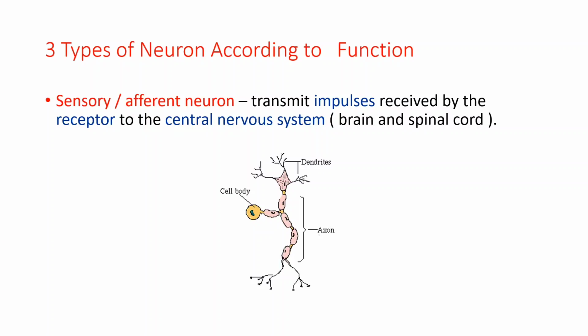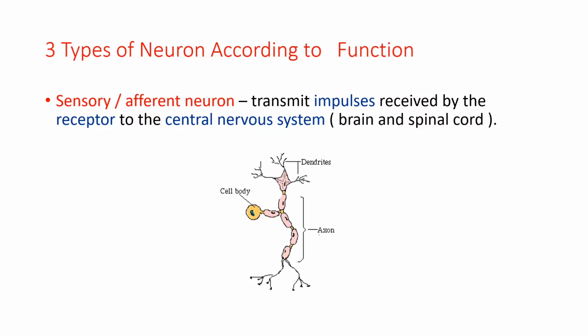Pag sinabi nating receptor, ito yung part ng body natin that receives the message. Ano ba yung mga parts ng body natin na nagre-receive ng message? Ito yung mga senses. Pag nakikita muna natin bago makarating sa brain, naririnig ng tenga, naaamoy ng ilong, natitaste ng tongue. So, ito yung mga receptor.